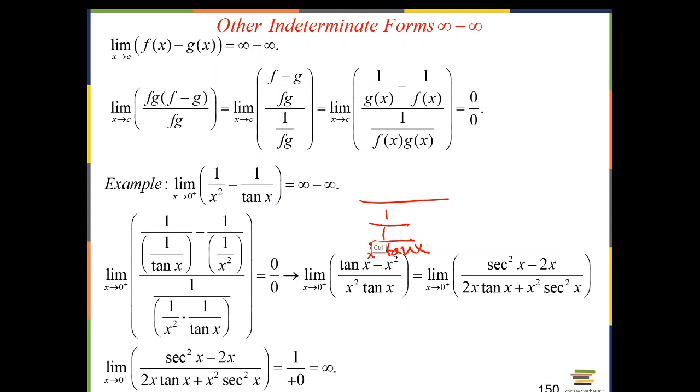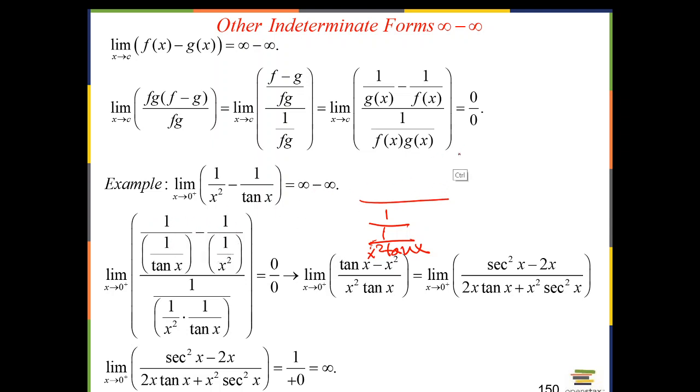So that's just x squared tangent x in the denominator. And this one right here is going to be, if you combine these two, you get tangent x minus x squared, if you want to subtract these, right?